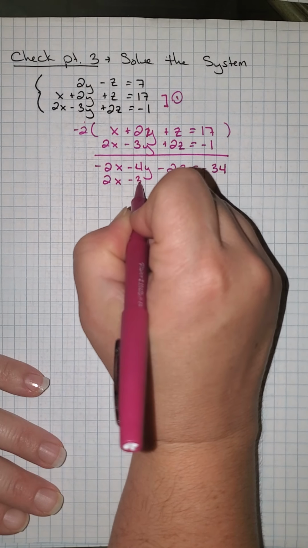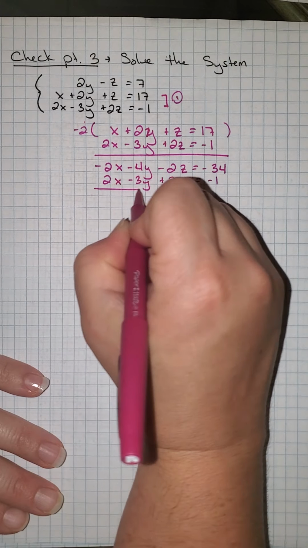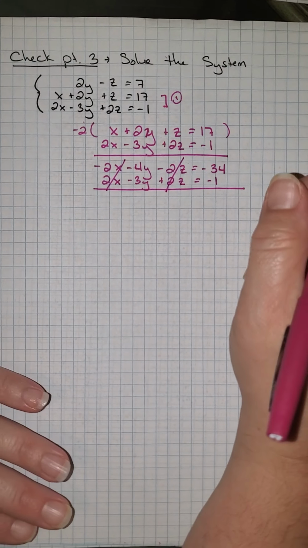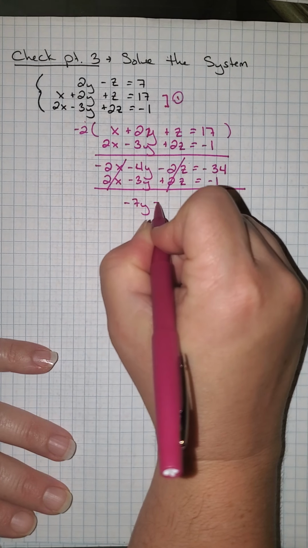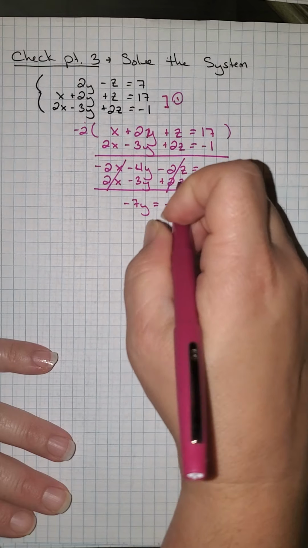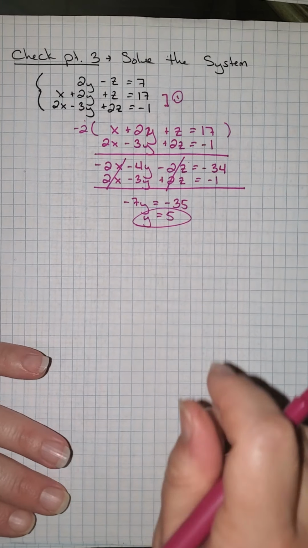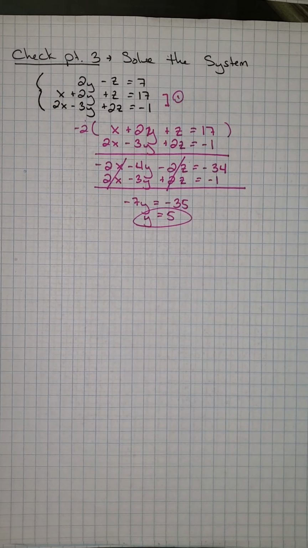Second equation stays the same. When we add them together, the x's and the z's eliminate. So you have negative 7y equaling negative 35, which tells us that y is 5. And you go straight to having an answer. That will definitely not always happen, but it's nice when it does.